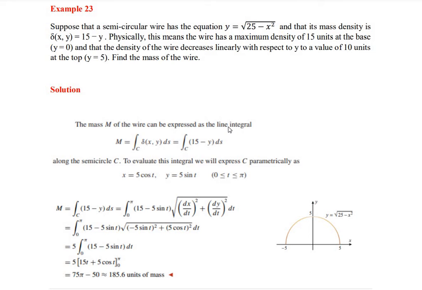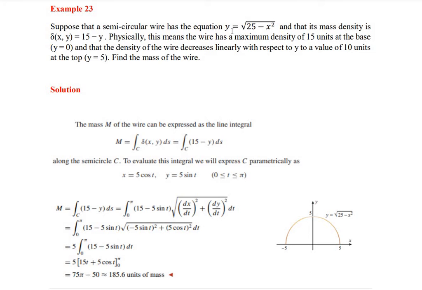The mass of the wire can be expressed as the integral m = ∫_C δ(x, y) ds. What is δ(x, y)? It is 15 − y, so the integral is of (15 − y) ds. To evaluate this integral along the semicircle C, we will express C parametrically.